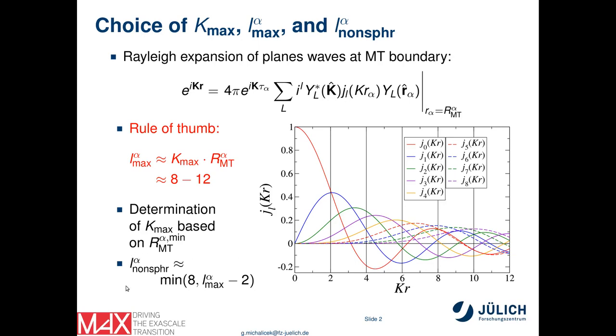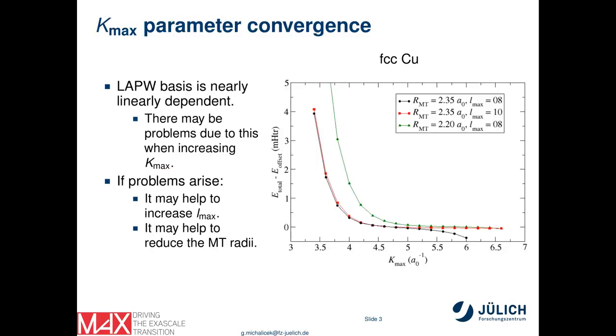Now let us have another look at some constraints on our choice of the Kmax value. Of course this is a cutoff parameter, and here I show you how the calculation behaves if I increase this Kmax cutoff. You would expect that we are solving a variational problem, and then if we increase the quality of our representation, so if we increase our basis set size, we should get nearer and nearer to the ground state energy.